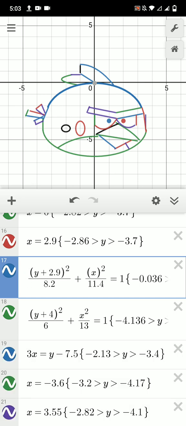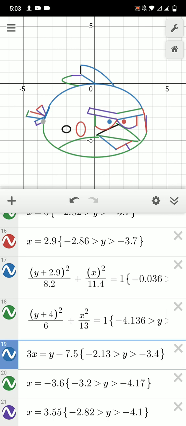This function is connected to this linear function, 3x = y - 7.5, with the domain of y less than -2.13 and greater than -3.4.